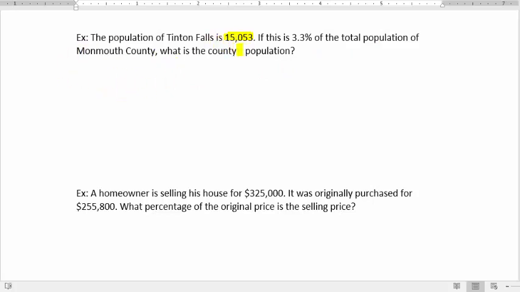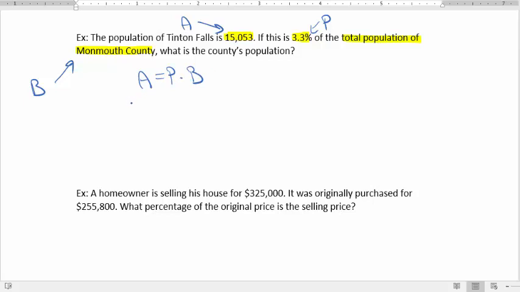So this Tinton Falls population is just going to be your part, and the total population of Monmouth County, that's going to be your whole or your base. So the 15,053 is your part, because that's just a little piece of the whole county. And then, of course, the 3.3% is just your percent.